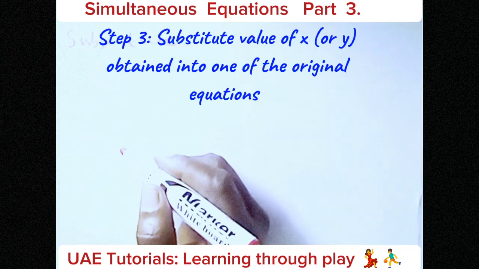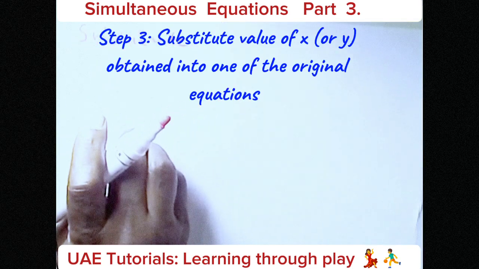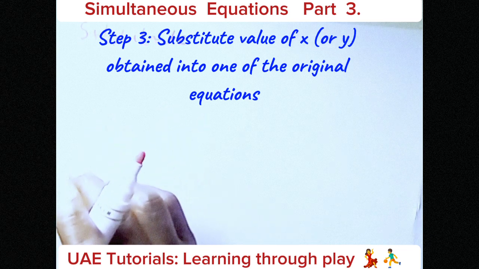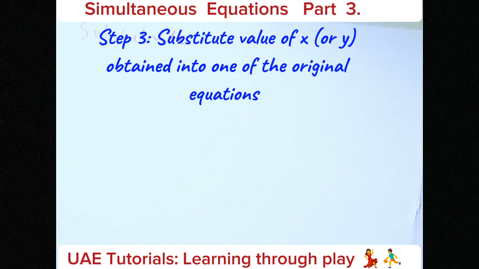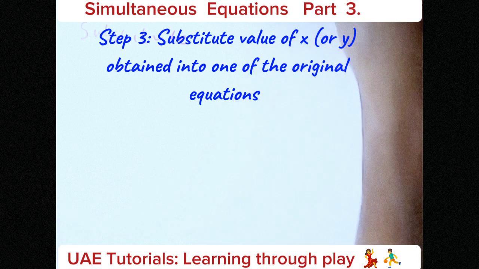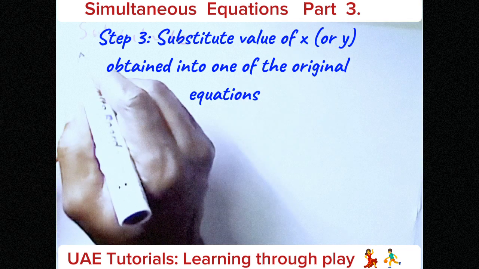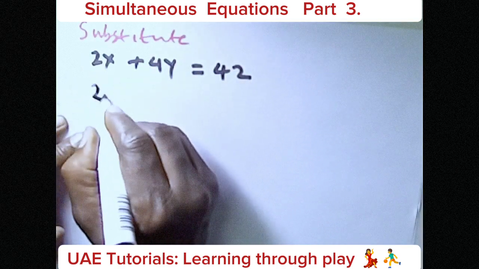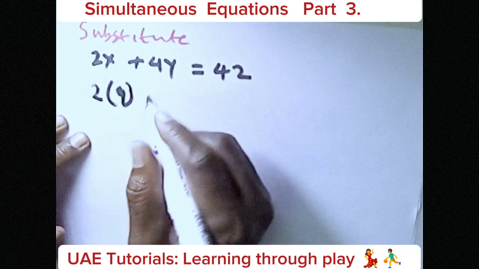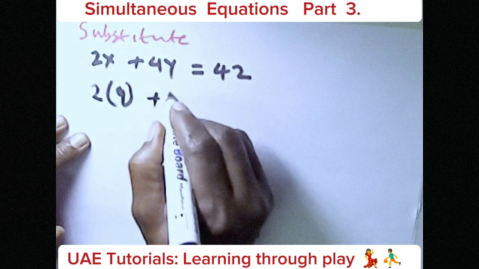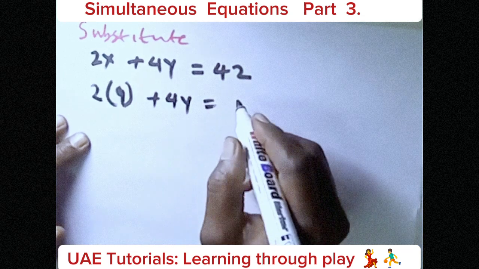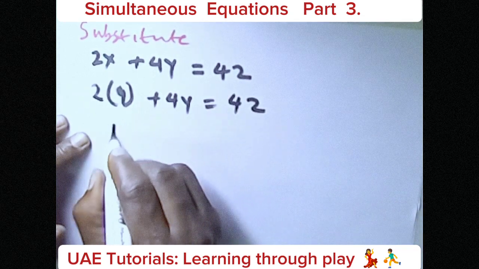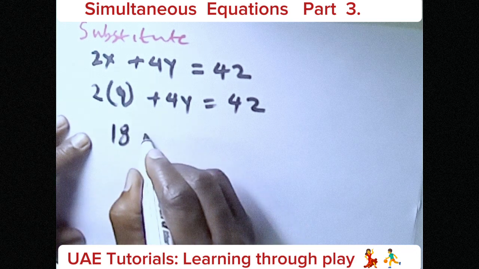The next stage is to substitute the value of x that we just got into one of the original equations. So we have gotten that x equals 9, and let's take the original equation 1. Whenever we see x, we put 9. That's 2 times 9 plus 4y equals 42. 2 times 9 is 18.